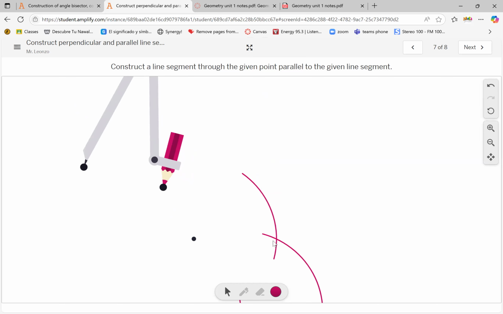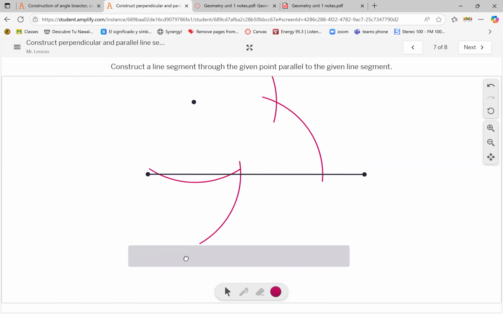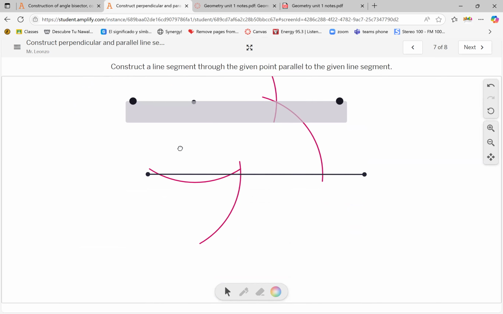Now I just created this intersection, so I'm gonna bring my ruler. Where's my ruler? Down here. My ruler is actually not that free to move. I'm just gonna connect that.